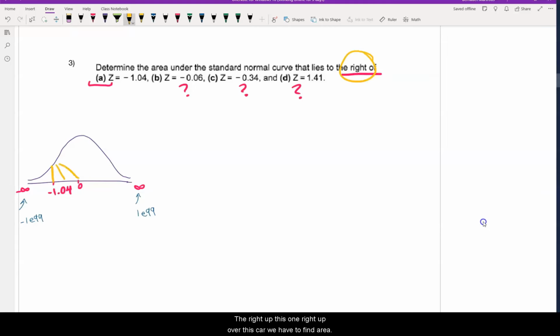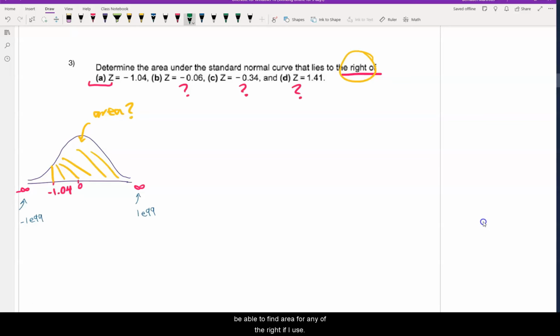So right of our z-score, we have to find the area. This is the easiest method we can use to find the answer. If you try to use a table, you have to find area to the left and then subtract that from 1 to be able to find area to the right.